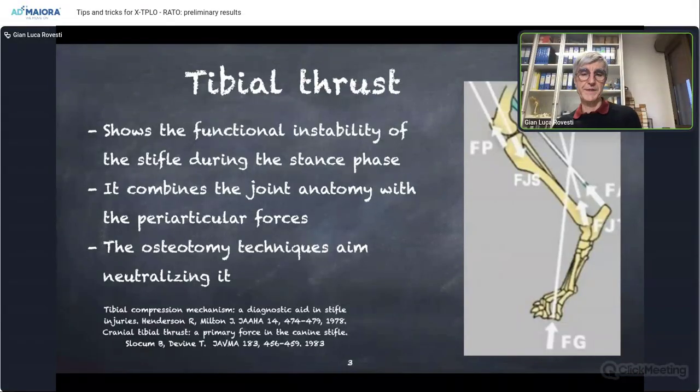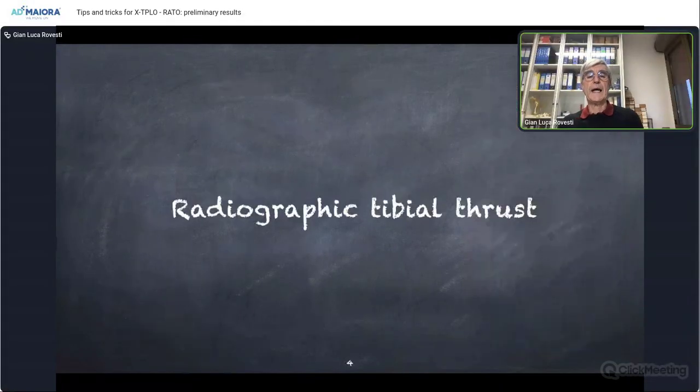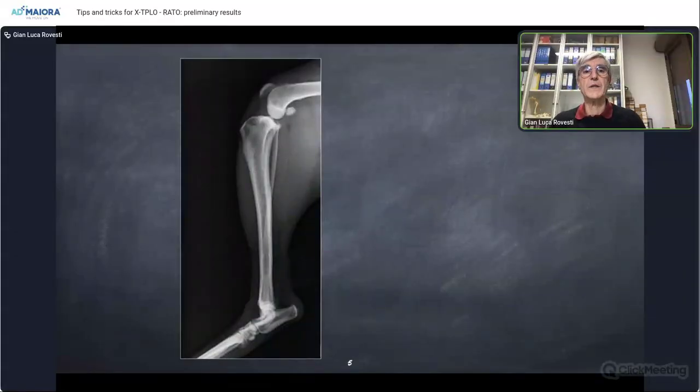Can we show this kind of instability? Yes, of course, we can show it and look at it radiographically as well. So we can show a radiographic tibial thrust. You can see here a mediolateral projection of the stifle.